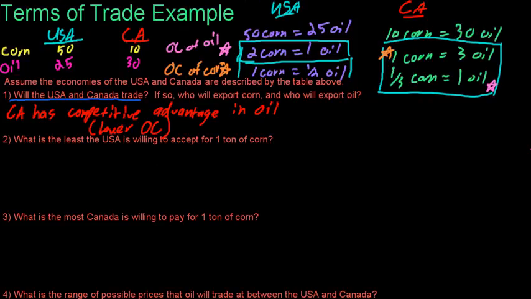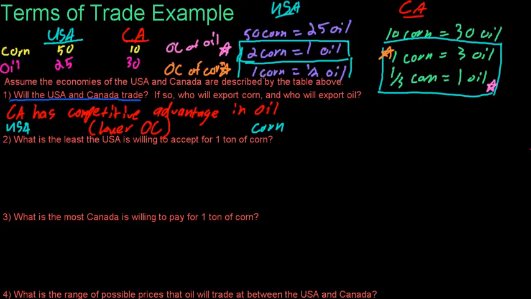And then likewise, the USA has the competitive advantage in the production of corn. The way we can see that is for the US, we only have to sacrifice half a unit of oil. We have to sacrifice 500,000 barrels of oil to get 1 ton of corn.